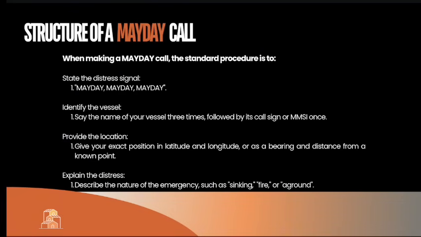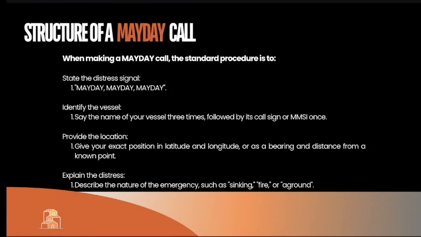So when you're making a Mayday call, there is a standard procedure. First, you have to state the distress signal, which means you need to repeat the word three times, like Mayday, Mayday, Mayday.